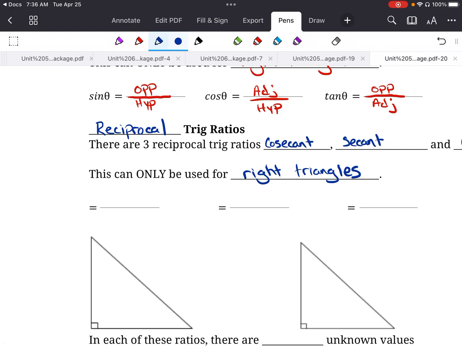We have cosecant theta. It's actually 1 over sine theta, but that also means instead of opposite over hypotenuse, it's hypotenuse over opposite.